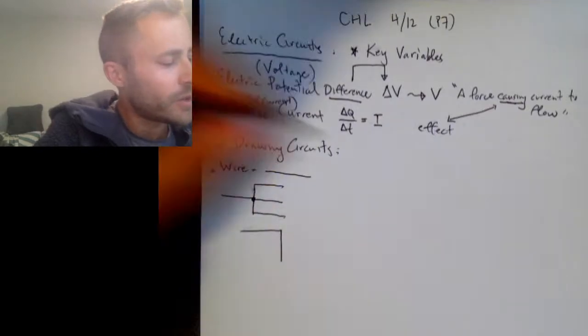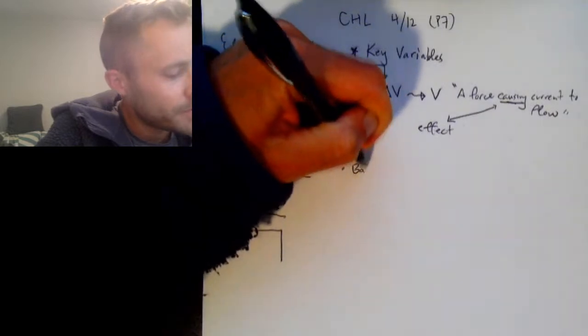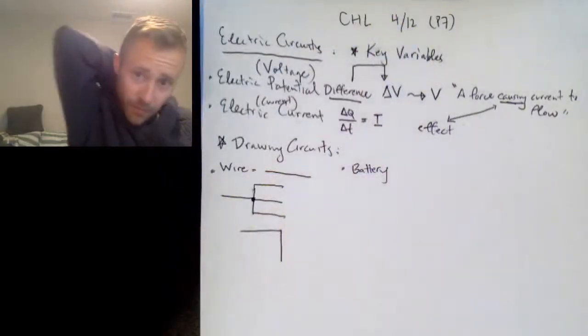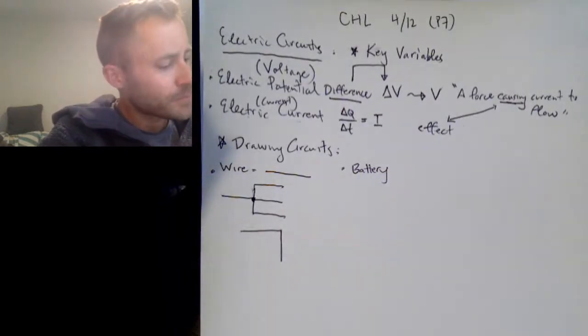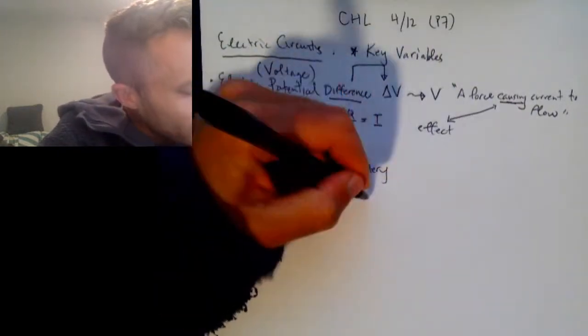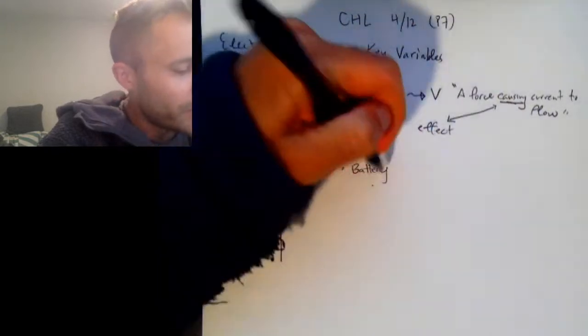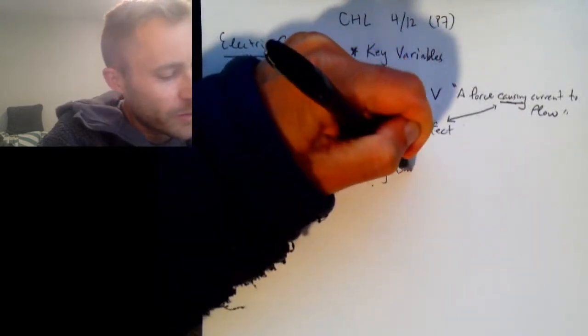Another thing you can have is a battery. A battery is basically a source of voltage.